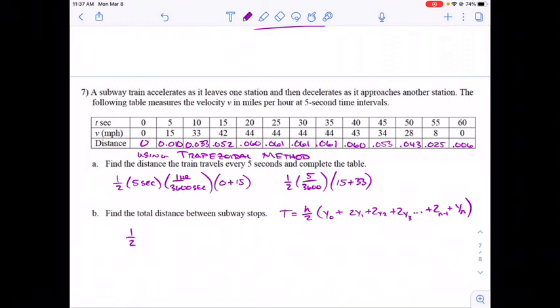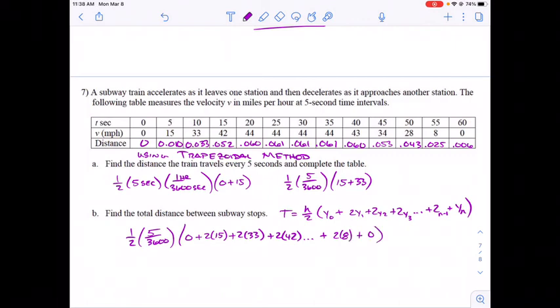So in this case, our height is going to be the same thing as we did before, the 5 over 3,600. That gets our conversion factor. Then the rest is going to be 0 plus 2 times 15 plus 2 times 33 plus 2 times 42, and so forth, and we get plus 2 times 8 plus 0.